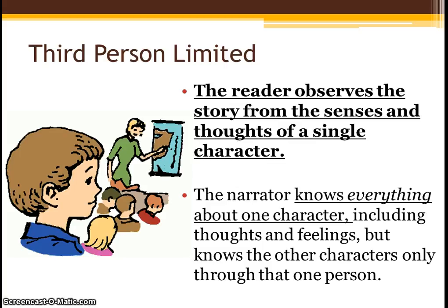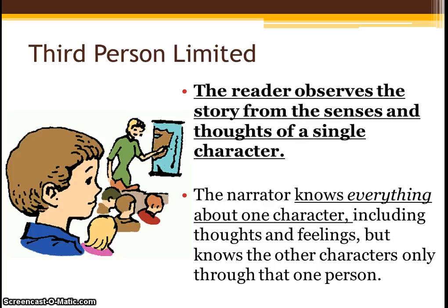First, we'll talk about third person limited. Remember, in third person limited, we learn the story through the thoughts and feelings of only one character. We're limited to one character. Now, it's not like first person where we see I and me and my. In this case, we see he or she, but we do know everything about that one character, including their thoughts and feelings.